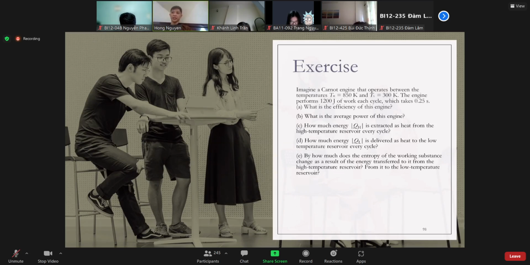Firstly, the efficiency of this engine. Secondly, the average power of this engine. Then the heat extracted from the hot reservoir and delivered to the cold reservoir, and then the entropy of the system. How to calculate it? How do we calculate it?